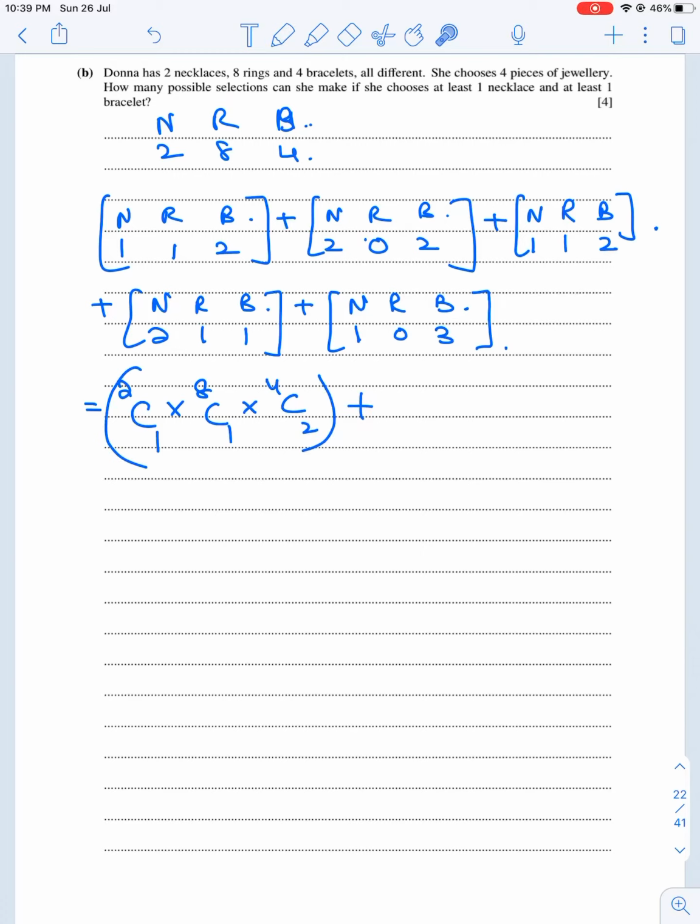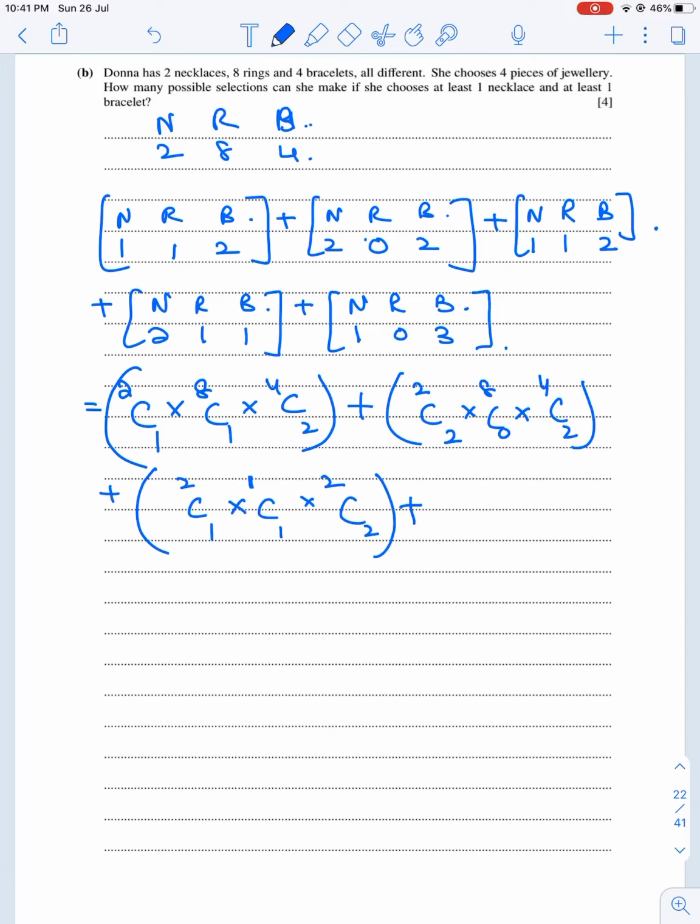If you look at the second one, 2 necklaces out of 2, 0 rings meaning 8C0, and then 2 bracelets meaning 4C2. For the third one, she's going to take 1 necklace, 1 ring and 2 bracelets.